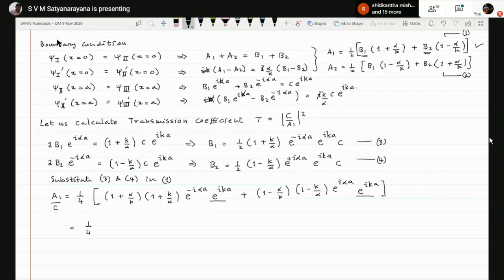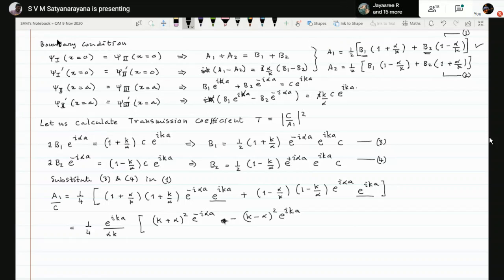So I can write it as e power i k a divided by alpha k into k plus alpha the whole square into e to the minus i alpha a plus, so you can see this is k minus alpha, this is alpha minus k, so I will have to pull out a minus sign and write this as k minus alpha whole square into e to the i alpha a.